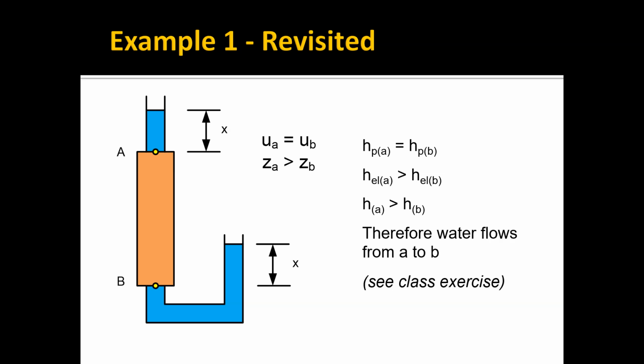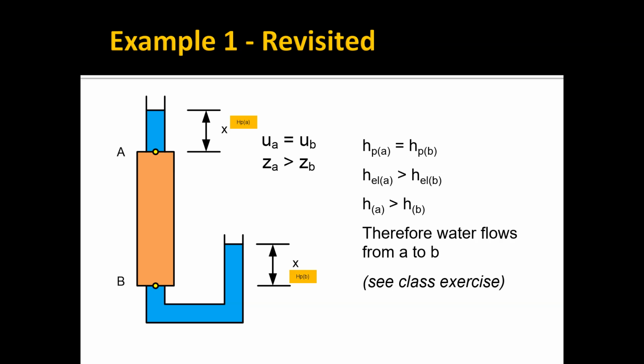So this x here would be the pressure head of point A. And then this x down here, the pressure head at point B. Okay, those are already labeled.